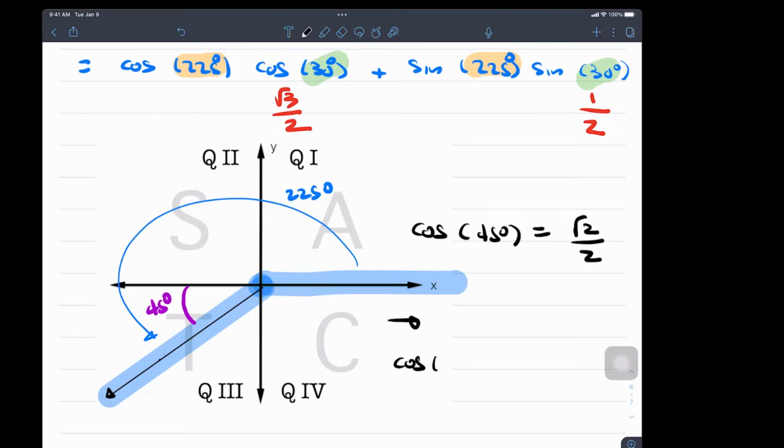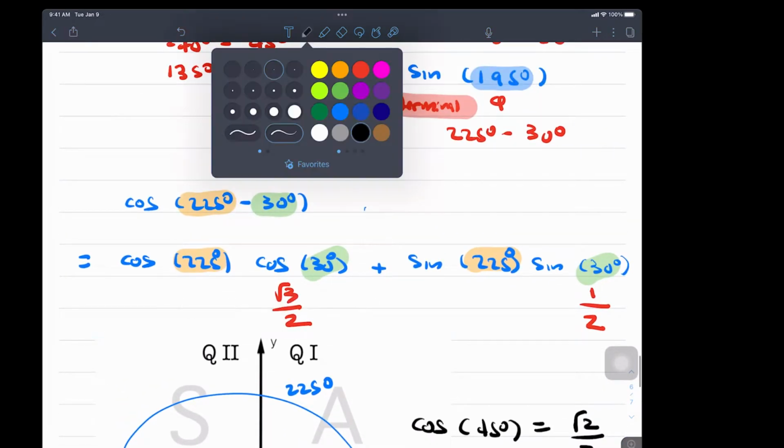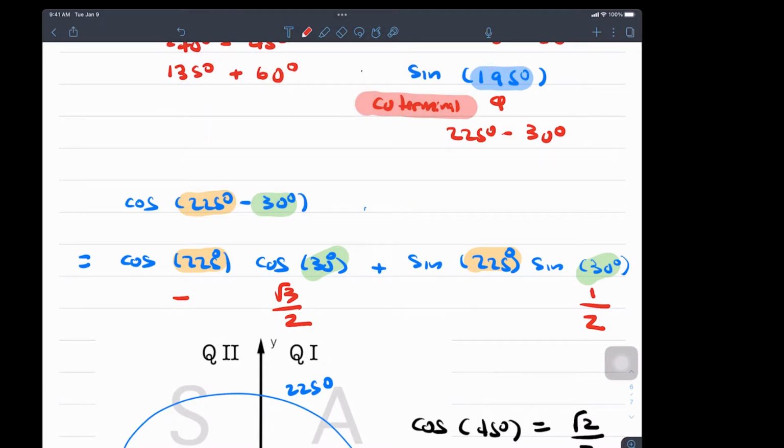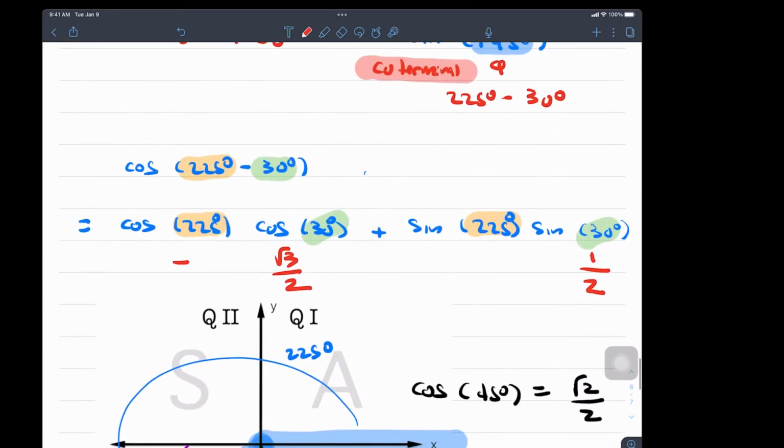So that means cosine of 225 degrees is negative what? Why is it negative? It's in quadrant 3. So you just need to know 2 special triangles, ladies and gentlemen. So minus square root of 2 over 2.